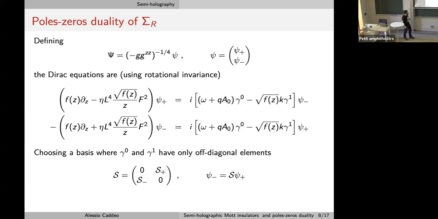So the up component of chi plus is only coupled to the down component of chi minus and vice versa.